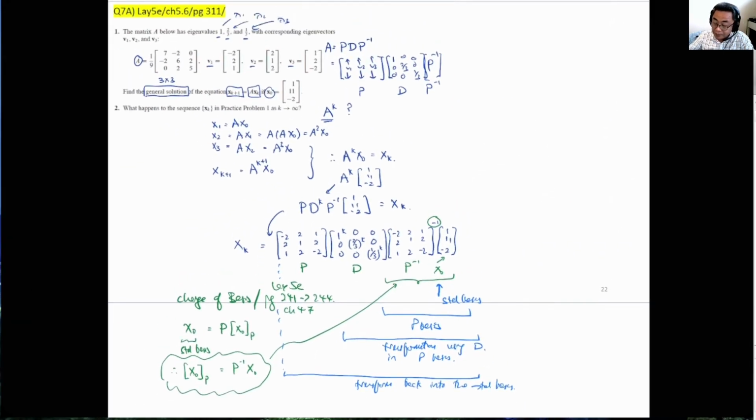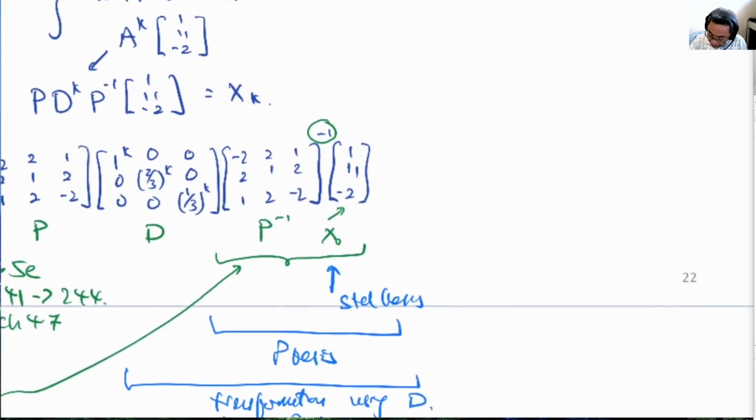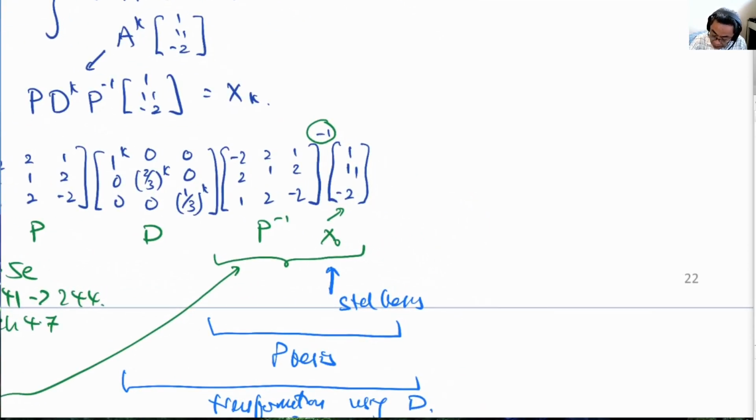Alright, let's compute this guy. What is x0 in the P basis? It is P minus 1 x of 0, and by brute force you can compute the answer.